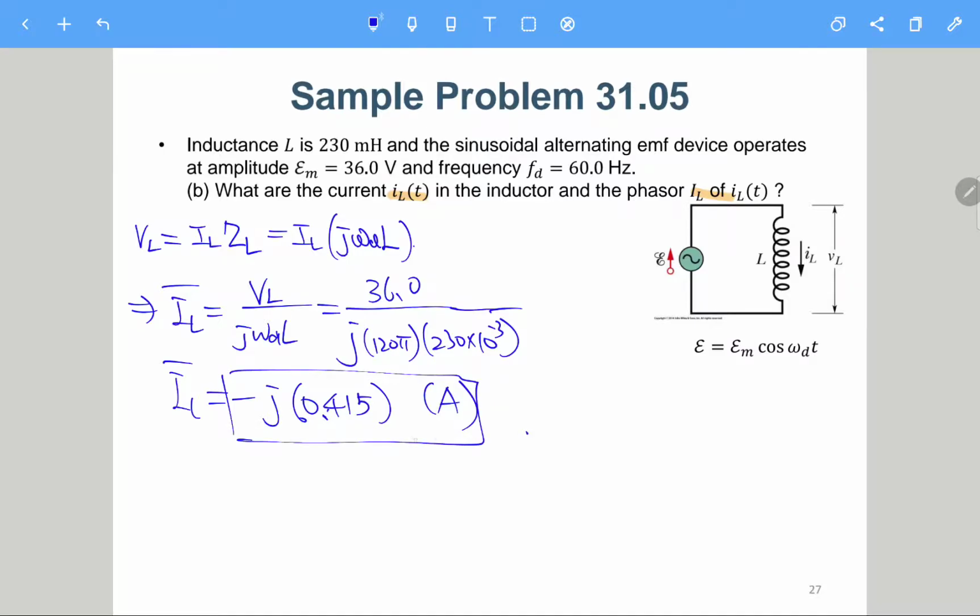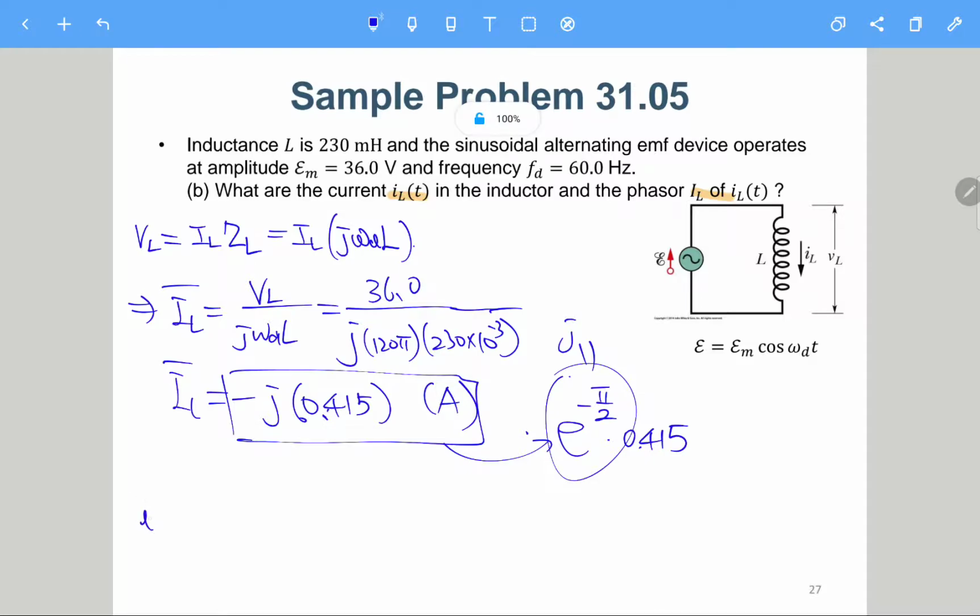Of course you can also write it as 0.415 times exponential to minus j pi over 2, because minus j is actually this term.